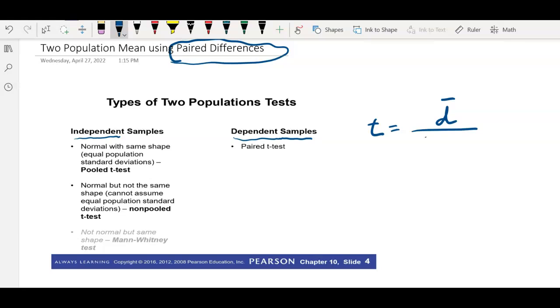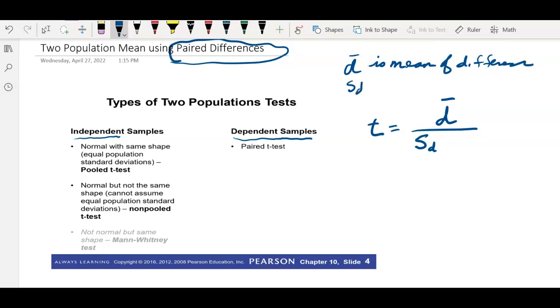Then you have another new variable called S sub D. This is the standard deviation of those differences, where D bar is the mean of the differences.